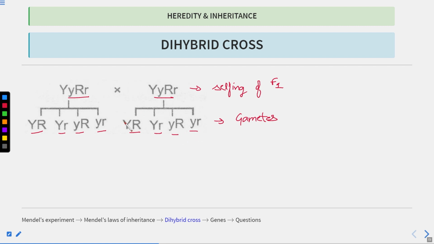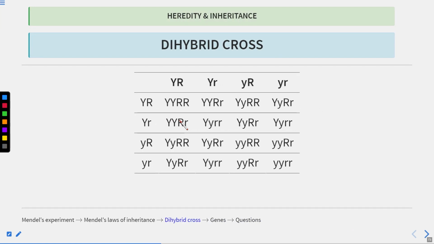So you can see here, the alleles of one gene are assorting independently from the alleles of the other gene. Clear? Because you can see the gametes: yellow and round, then yellow and wrinkled, then green, which is now pairing with the round one. So this shows you the law of independent assortment.